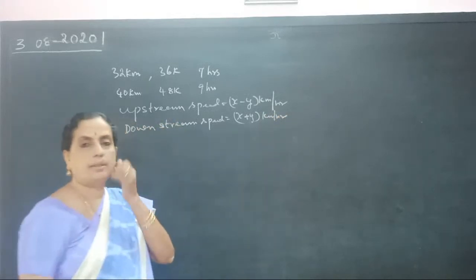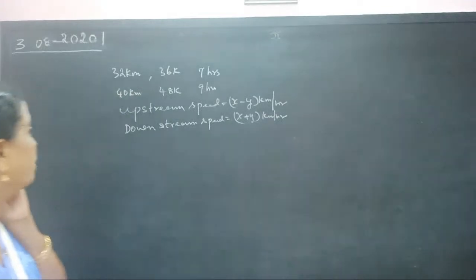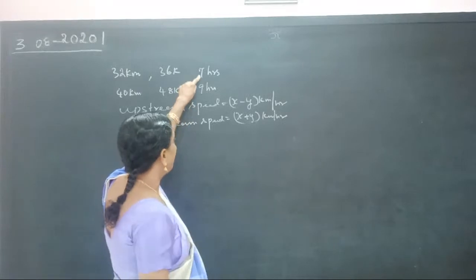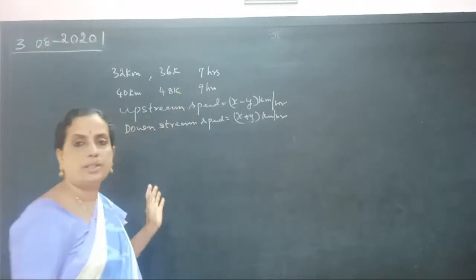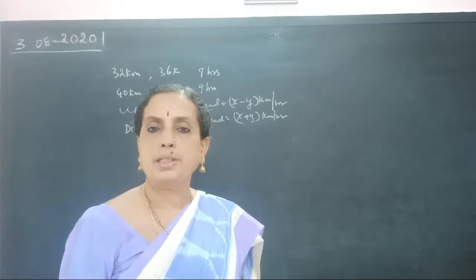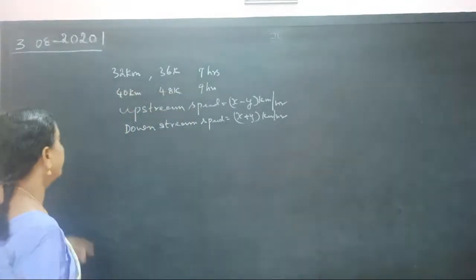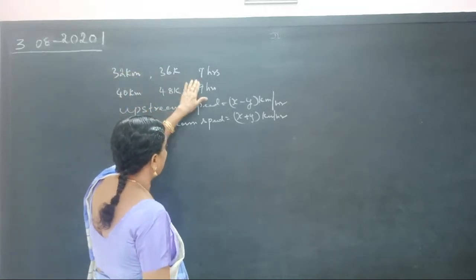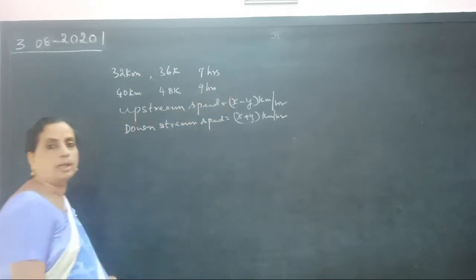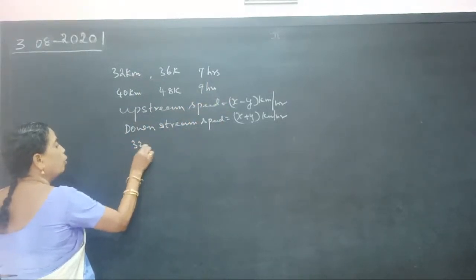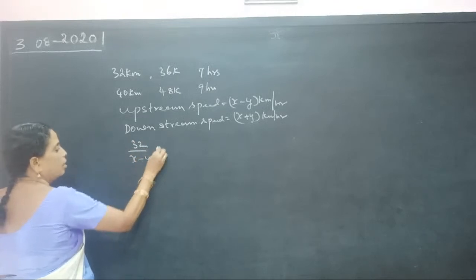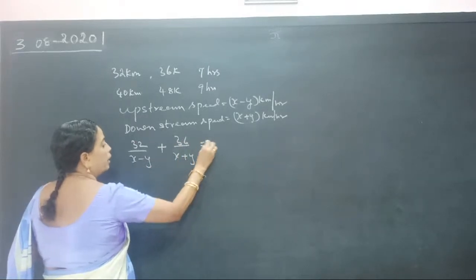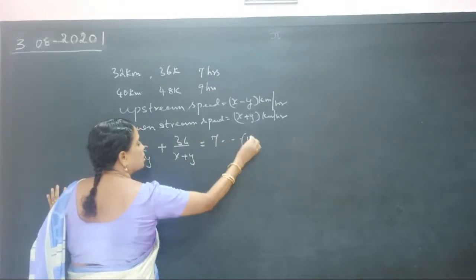Now we know that time is equal to distance by speed. So in the RHS we need to keep the answer in time, so the LHS should be expressible as distance by speed. The total time to cover upstream and downstream in the first condition is 7 hours. So the condition becomes 32 kilometer upstream plus 36 kilometer downstream, and the time taken is 7 hours.